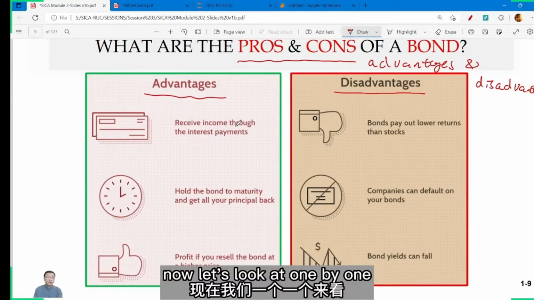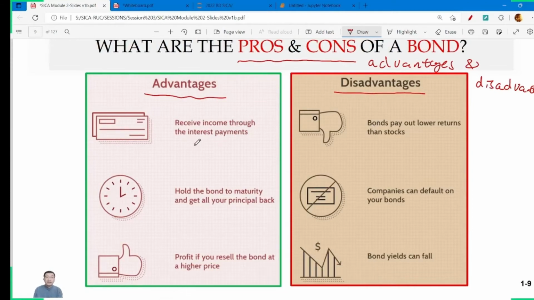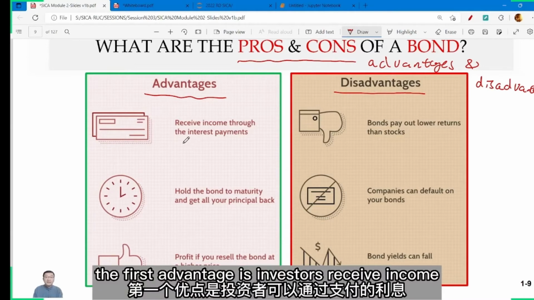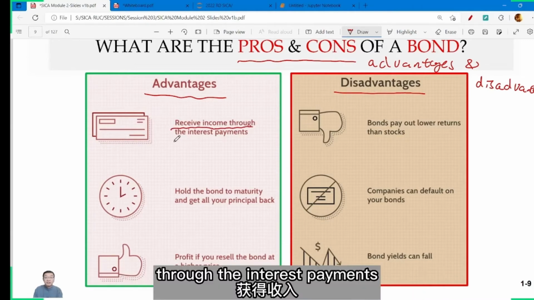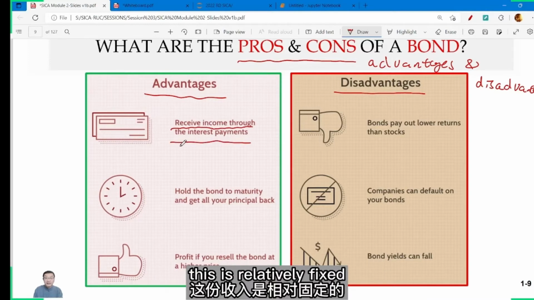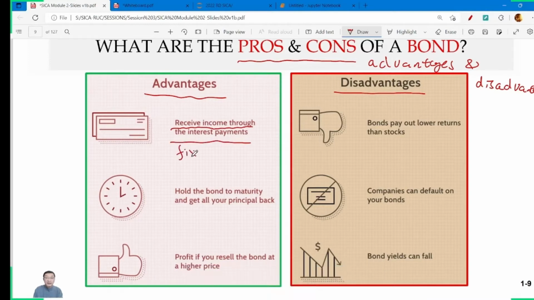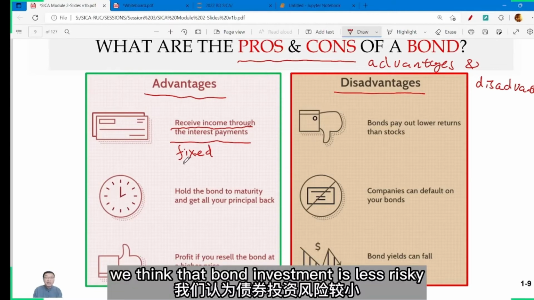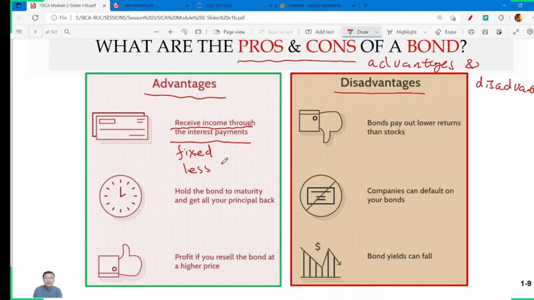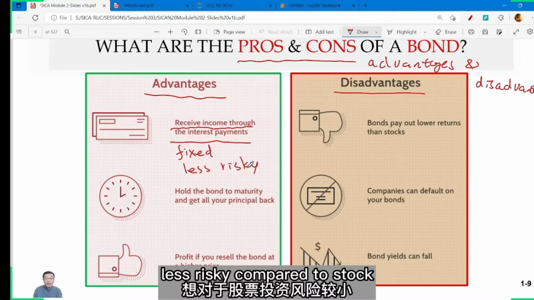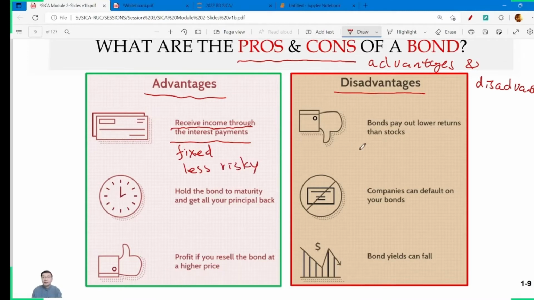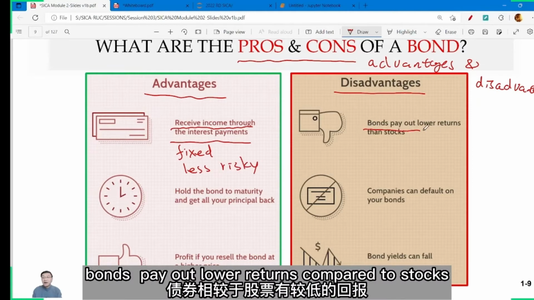Now let's look at them one by one. For a bond, the first advantage is that investors receive income through interest payments. This is relatively fixed. In this way, we think that bond investment is less risky compared to stock. Disadvantage: bonds pay out lower returns compared to stocks.